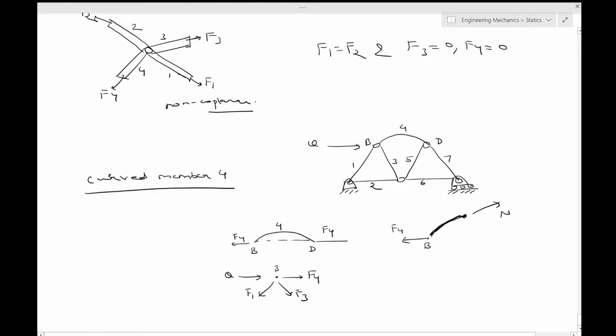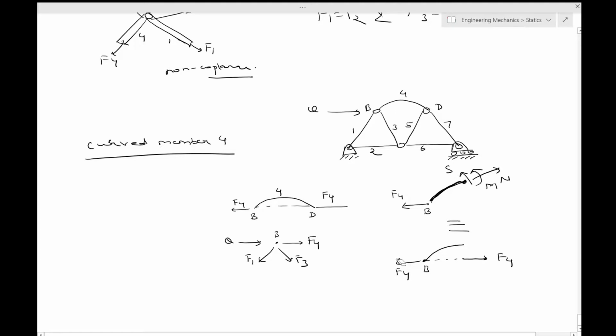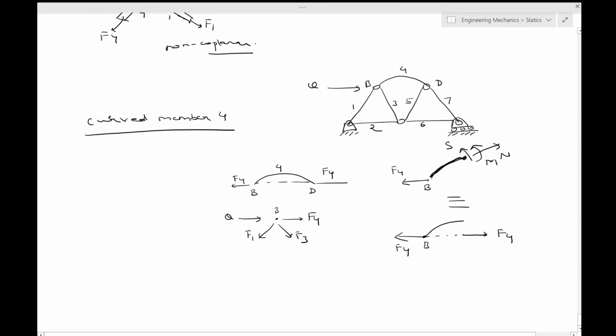So this will have a normal N, it will have a shear S, and it will have a moment M. Okay, this can be written as F4.